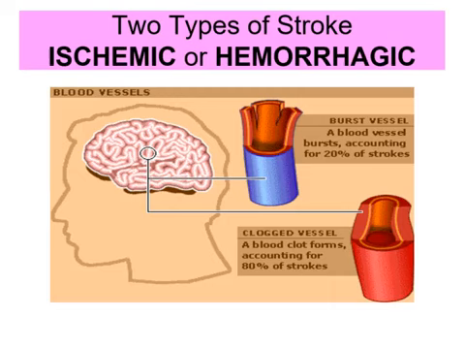Okay, so there are two types of strokes. So like I said, time is brain. You can't bring back dead brain tissue. So only 30% of the people who have strokes actually activate the EMS system, which is concerning because once that blood supply is cut off and the brain tissues have died, we can't get that functionality back.